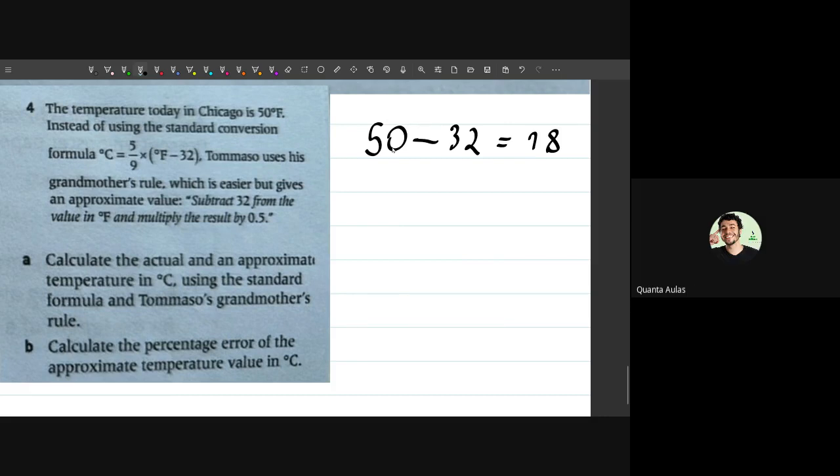But when you multiply by 0.5, it's the same thing as dividing by 2. The same thing. Take the half. So 9 Celsius. It's my count. Now it's yours.